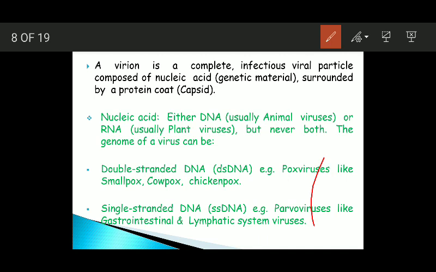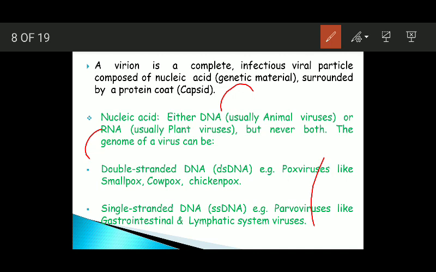Usually, a virus which is of animal origin contains DNA as its genetic material, while plant viruses have RNA as their genetic material. Or simply stated, in the majority of plant viruses the genetic material is RNA, while in the case of animal viruses, a majority of them contain DNA as their genetic material.